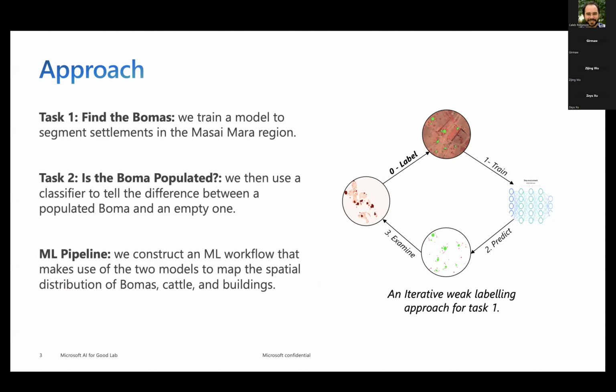Now, the labels can be positives, meaning more bomas to be added to the training data set, or negatives, where the model is getting confused and maybe producing too many false positives, and we need to tell it explicitly that these sets of pixels don't actually contain bomas. So that's the iterative process you see on the right figure.